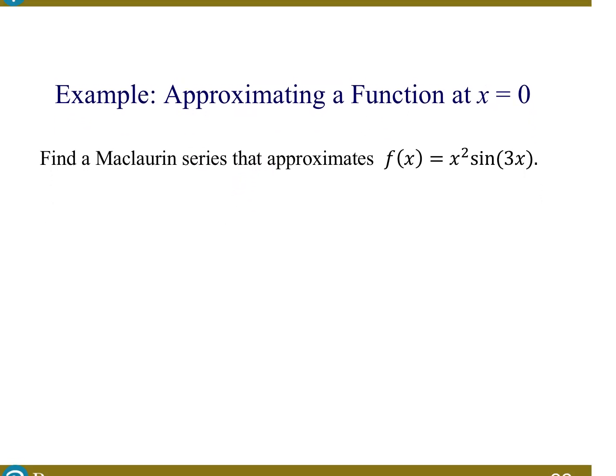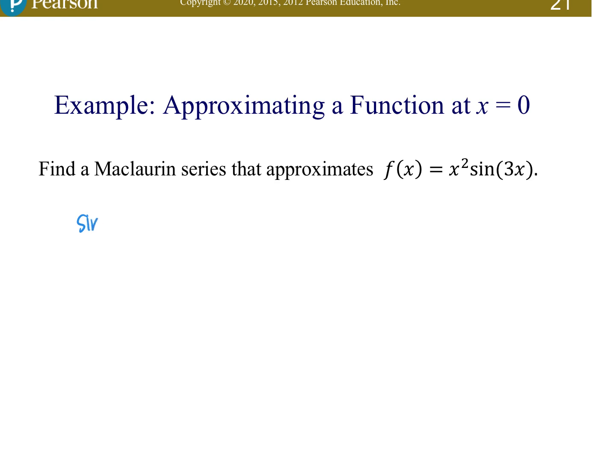So since we already know that sine 3x is quantity 3x minus quantity 3x cubed over 3 factorial plus quantity 3x to the 5th over 5 factorial, and if we want to multiply this by x squared, then we just have to multiply all these terms. It's basically distributing an x squared to all the terms. So then also distribute it to your general term.